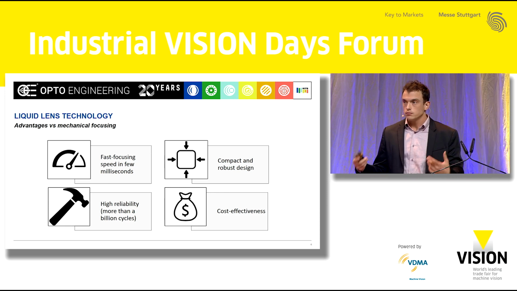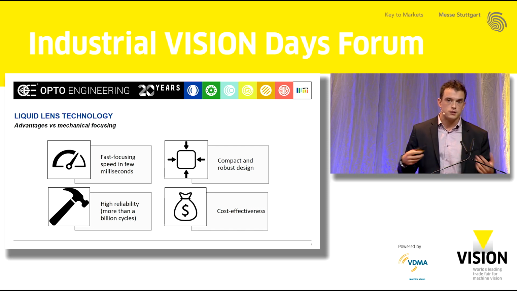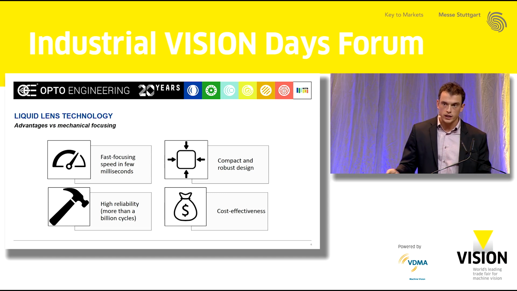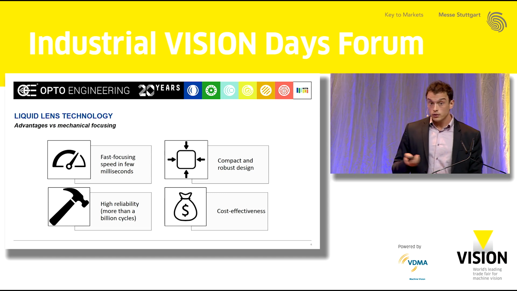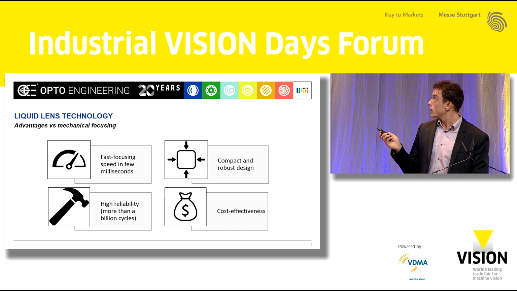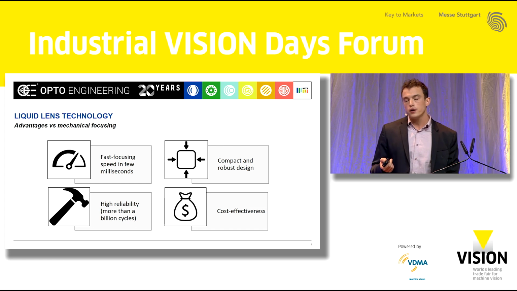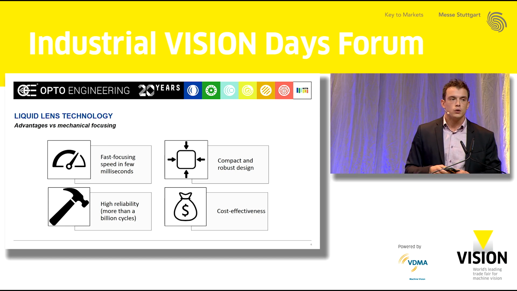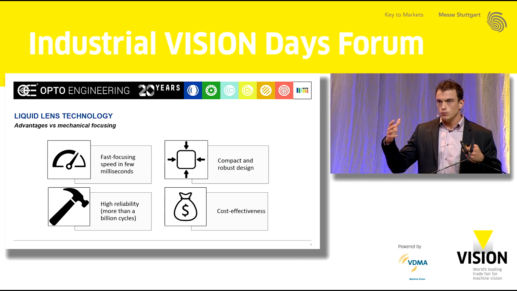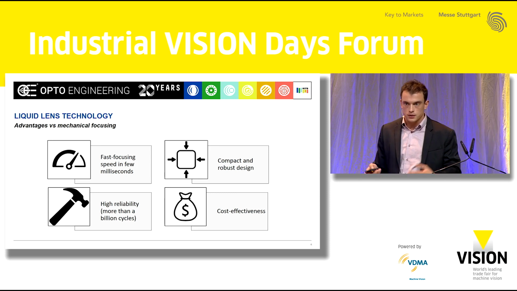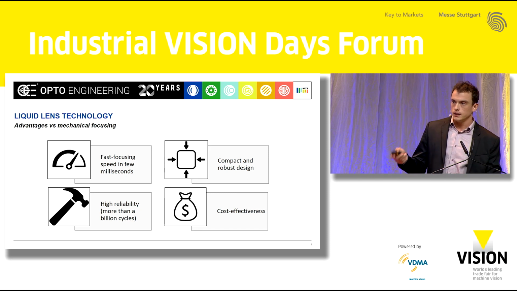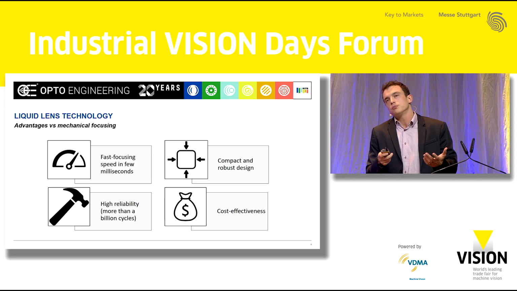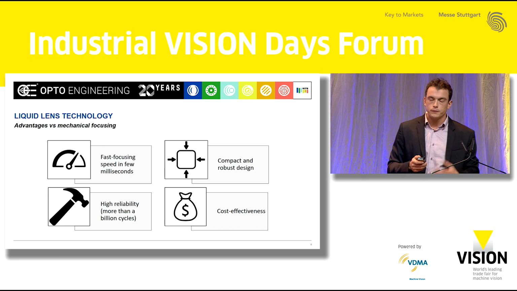So you can change and adjust the properties more than 1 million times before breaking them. And last but not least, cost effectiveness. Because if you compare a solution including a liquid lens with a traditional solution with mechanical movements of any kind in your system, you will end up realizing that this is much cheaper than the other one.